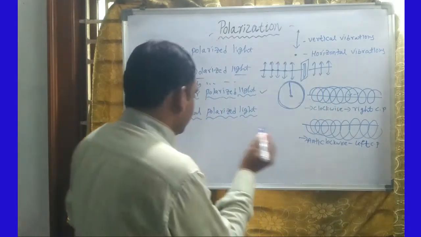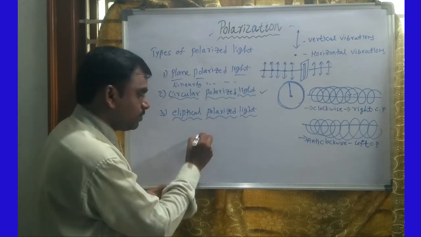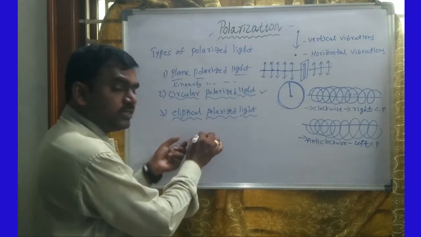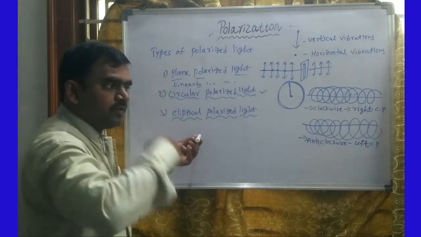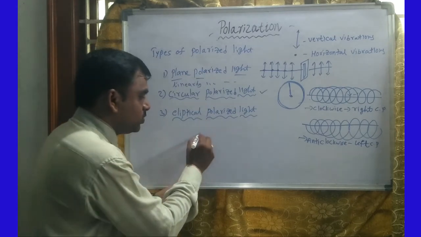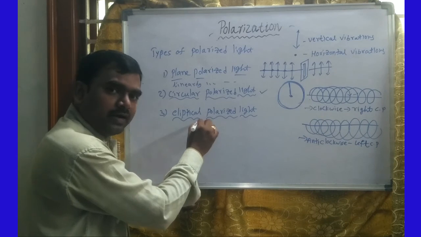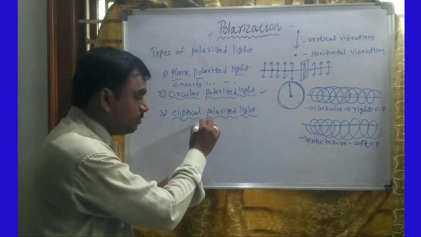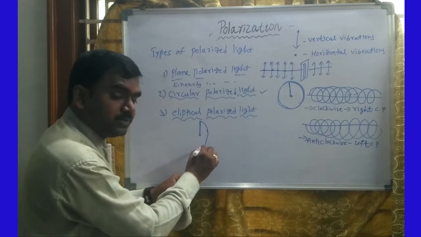So like this. For example, around this propagation direction, the electric vectors are rotating. While they are rotating, in the vertical direction, if it is traveling more distance, it has maximum amplitude, and when it is rotating like this, it has minimum amplitude.